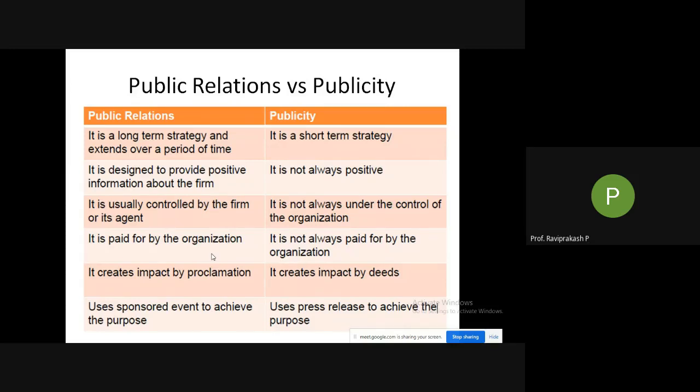So the amount is being given by the company. But in publicity, no. The press release comes, or it is directly sent to the offices of the press, or they are called and a particular piece of information is disseminated. So this is the difference between public relations and publicity.